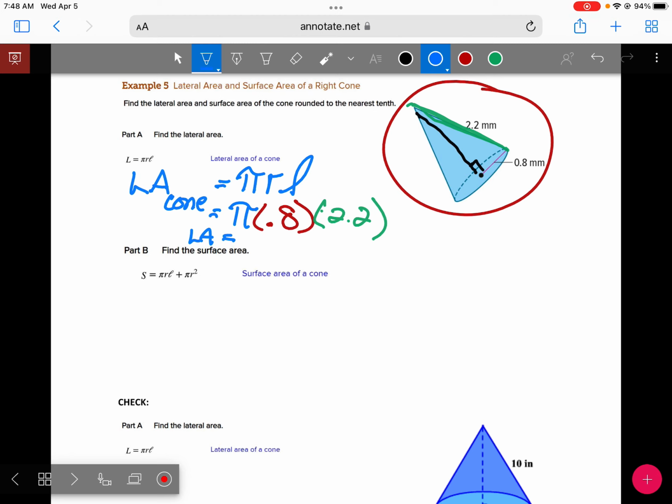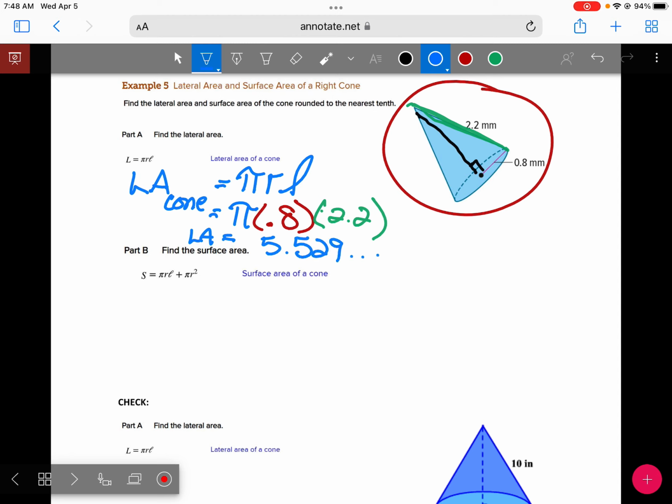So what do we get for a decimal? 1.76. I did not get that. 5.529. Yeah, 5.529. Check again. Pi times 0.8, yeah, times 2.2 should give you 5.529, blah, blah, blah, something like that.